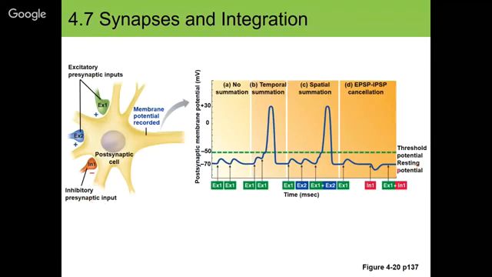And yeah, temporal and spatial summation in theory are just simple adding together of inputs, okay, and resulting in an overall summation, which can either cause an action potential or not result in a charge or a potential that is at -50, okay.